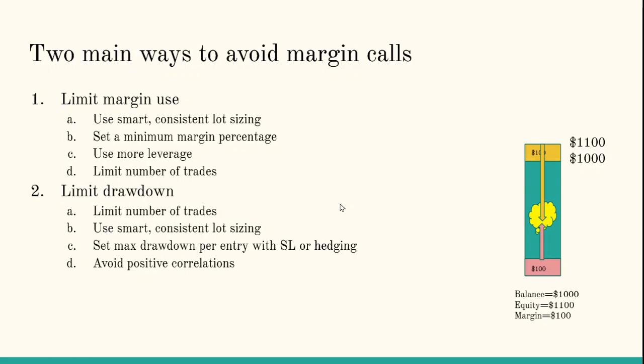So if one goes down, they all go down, that's going to be increasing the amount of drawdown that you might have. Now, if you have a limited number of trades and smart, consistent lot sizing and maximum drawdown per entry, it's less of an issue than it might be otherwise.